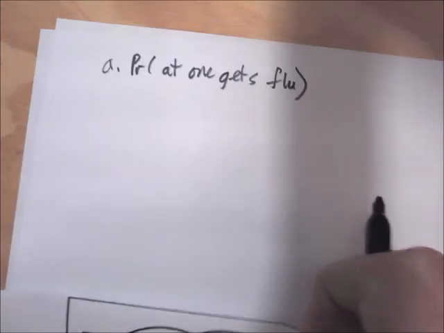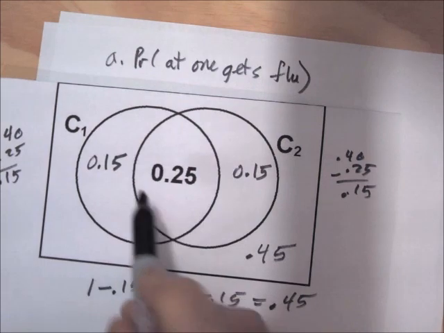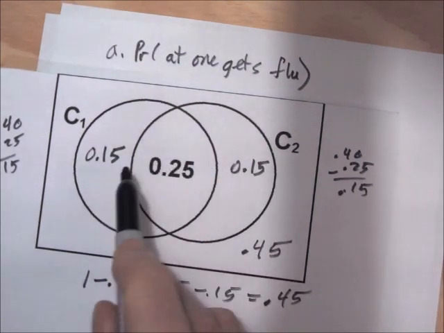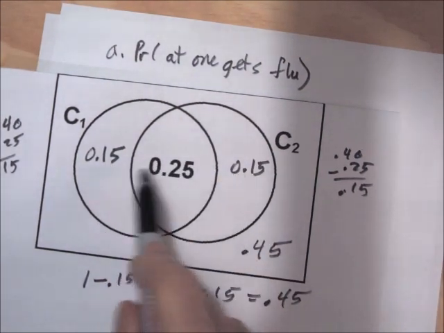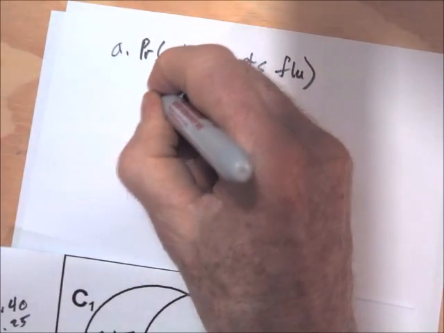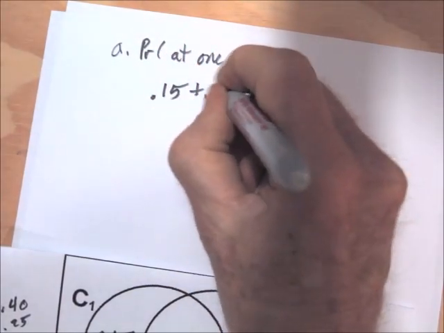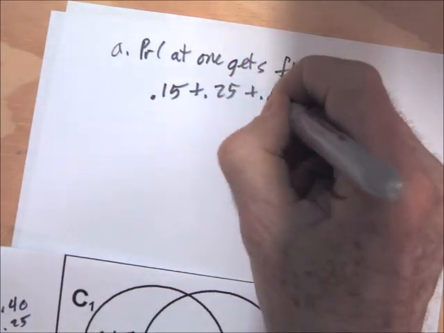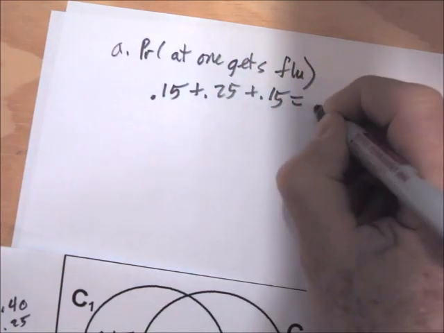So that's child 1 or child 2 or both. So it's going to add up these three numbers here: 0.15 plus 0.25 plus 0.15, and that's equal to 0.55.